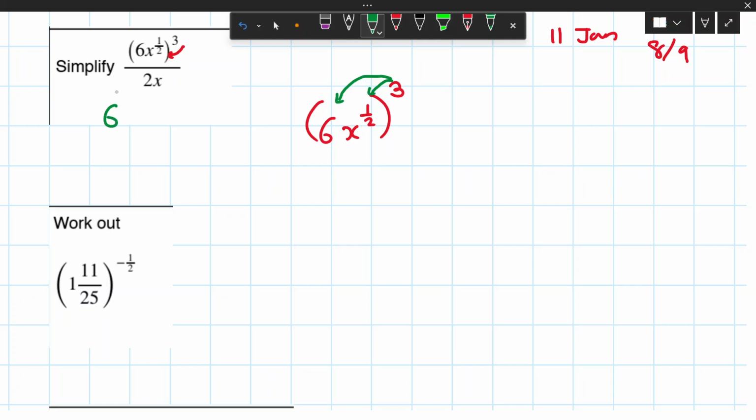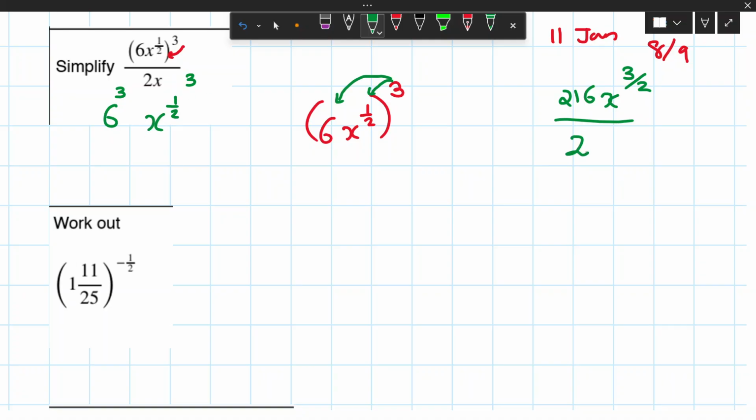So the 6 gets the cube, becomes 6 cubed, which is 216. And when the x to the power of a half gets another power, remember power of a power, you times them together, so a half times 3 becomes x to the power of 3 over 2. So the first thing that we did there was distribute the powers to both of them.